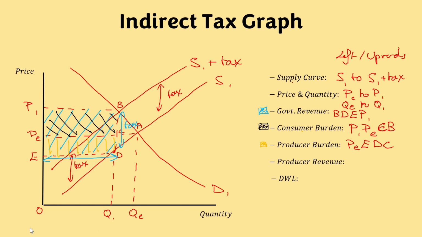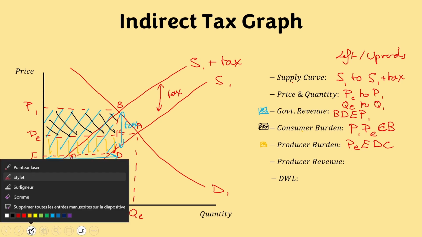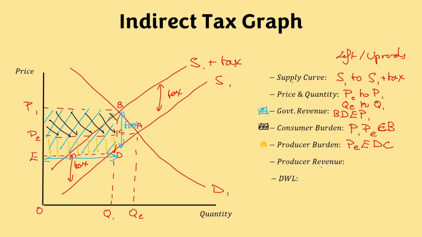Okay, and then let's look at the producer revenue. So the producer revenue used to be the price that they used to sell goods at times the quantity. Again, the producer revenue used to be this big box. So we had PE, A, QE, O. That used to be the producer revenue.